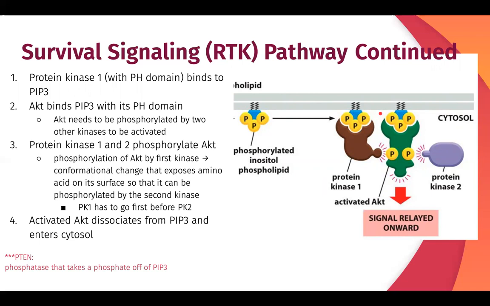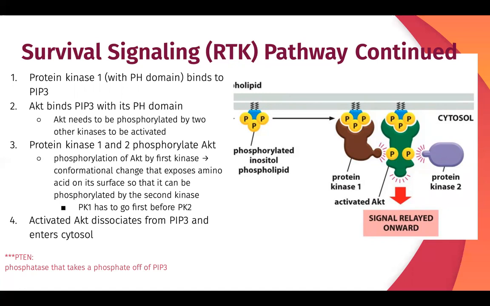And AKT needs to be phosphorylated by 2 kinases sequentially. So the order does matter. It first has to be phosphorylated by kinase 1. And when kinase 1 phosphorylates, that changes the conformation of AKT, which then reveals the site at which protein kinase 2 can come in and phosphorylate.